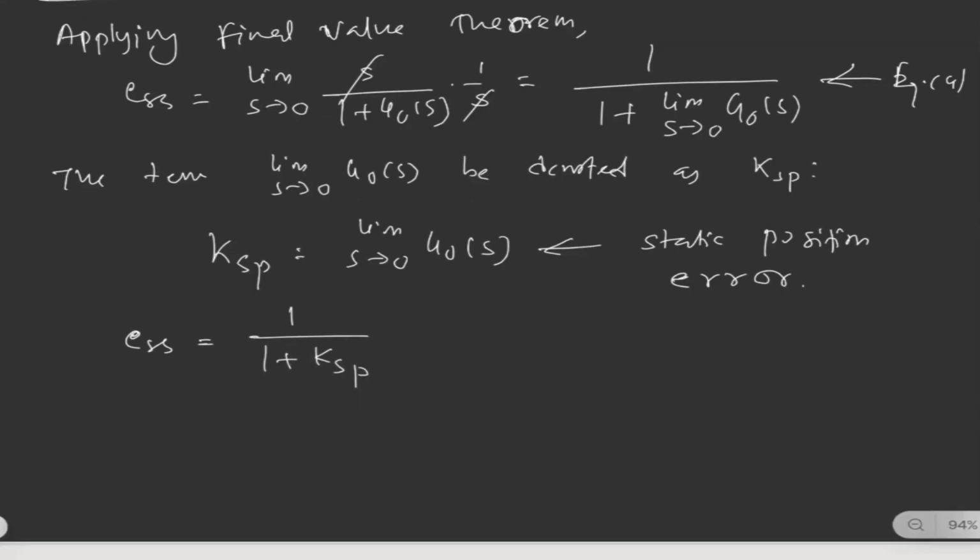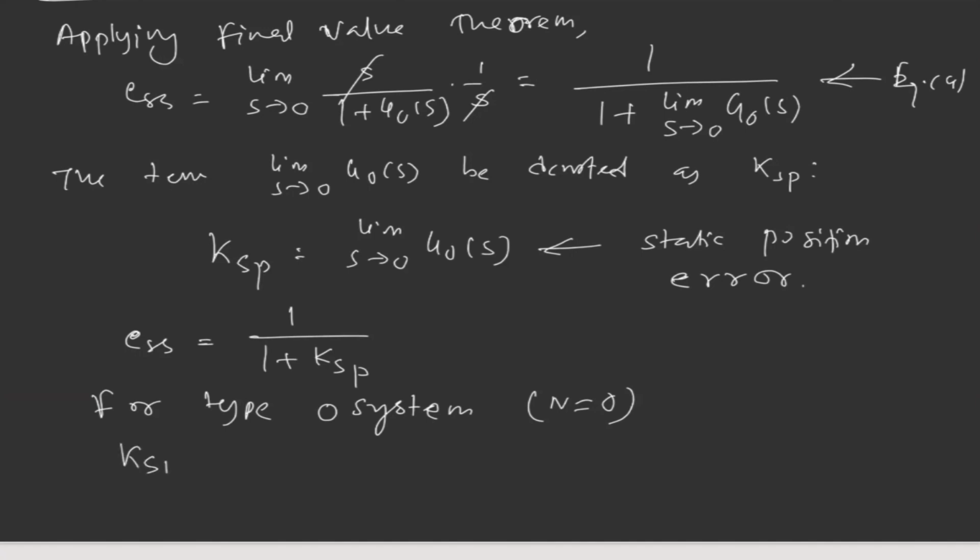Now let's look at how the type of the system will influence the error in the system. Let's consider the type 0 system, where n equals 0. We can find KSP, because KSP is a function of the open loop transfer function here.